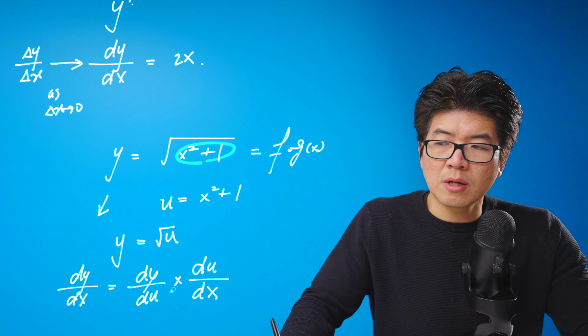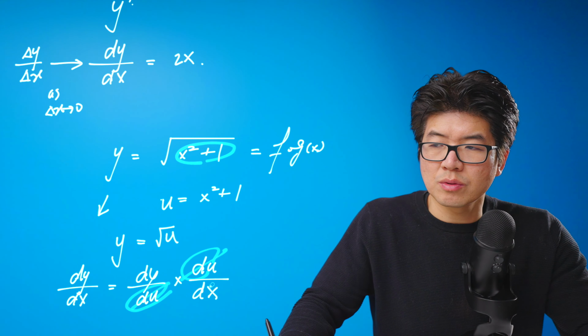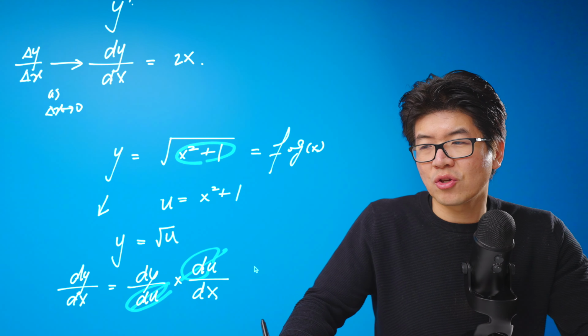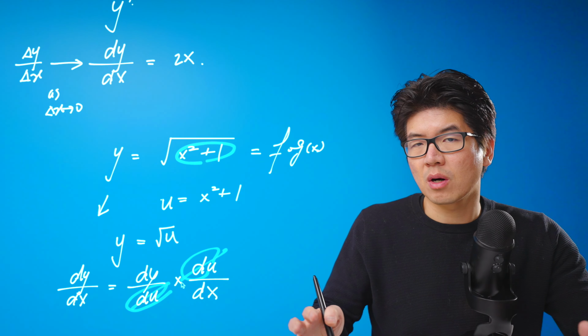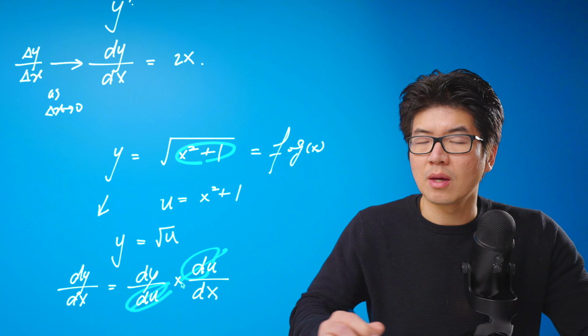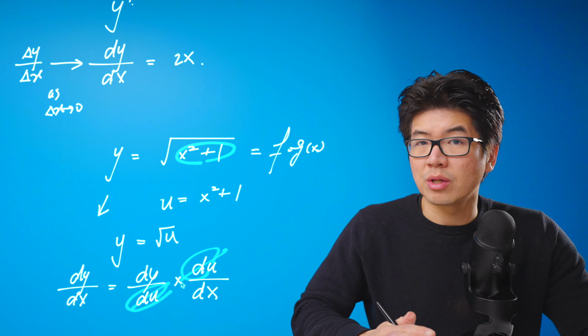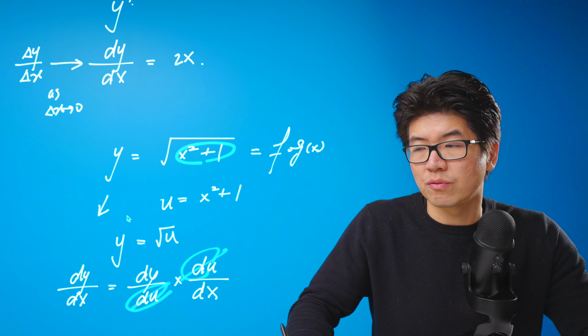Symbolically, it looks like those two will actually cancel each other out and you get dy over dx. In reality, the argument is not that simple, and I'm going to create a separate video for how to prove the chain rule. It's a much more advanced topic than an introductory calculus course, so it's optional for you to fully understand that proof.